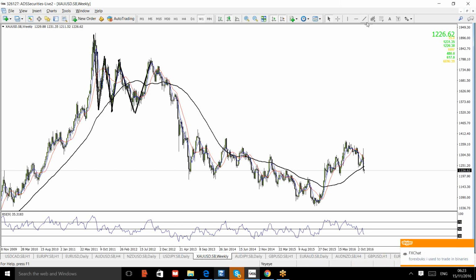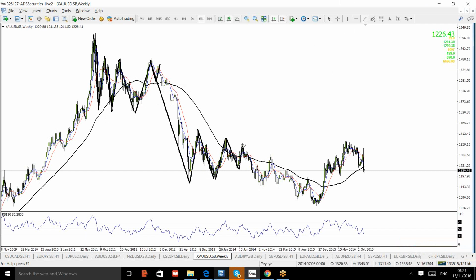That is also a small leg. This is also a small leg. Major leg is this. Make sense? This is a leg. So first of all, before you use this tool, you need to identify the leg you want to take the retracement of. Do you guys understand?